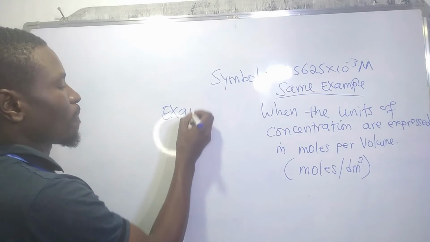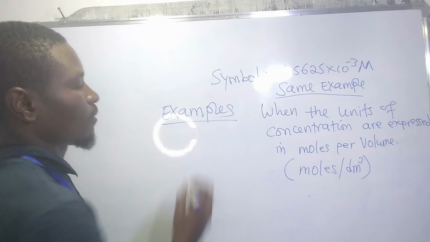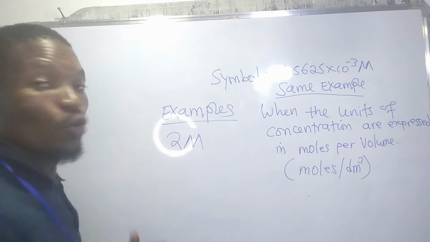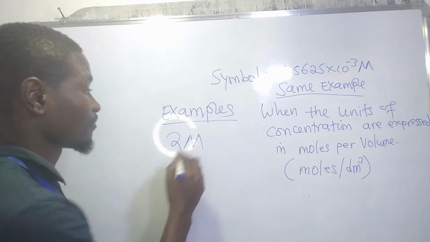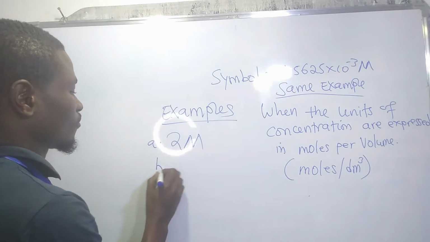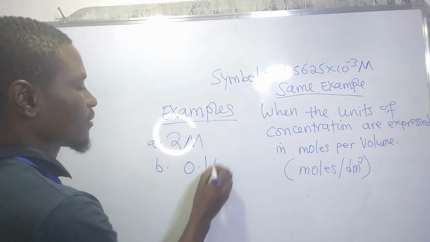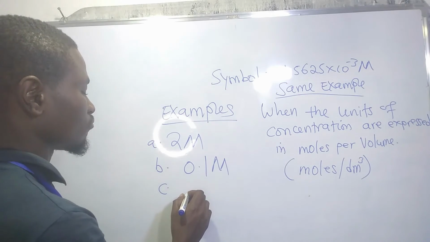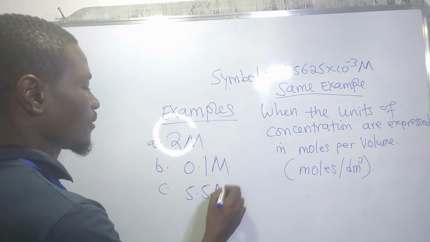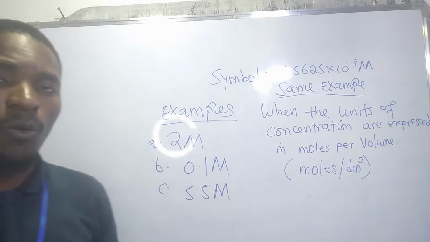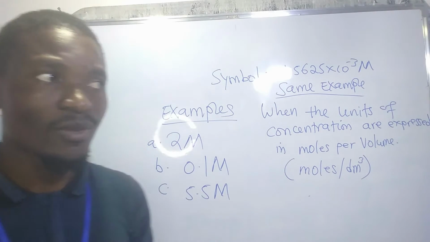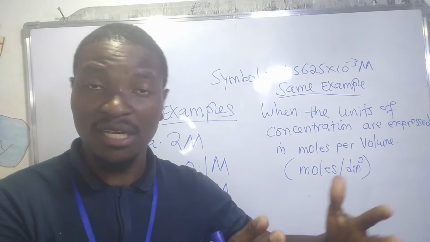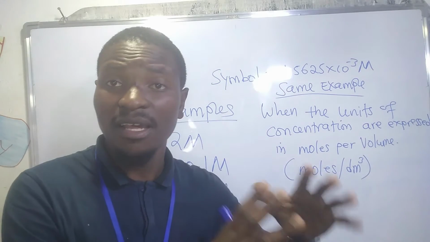More examples. For example, I say 2 capital M, and I say 0.1 capital M, maybe 5.5 M. What I want you to understand is that the units are now more specifically tied to moles per cubic decimeter.